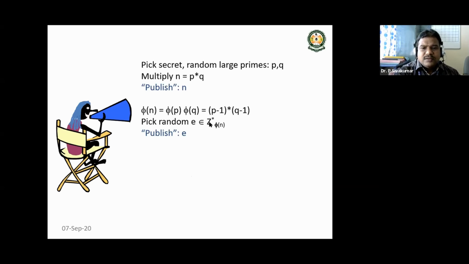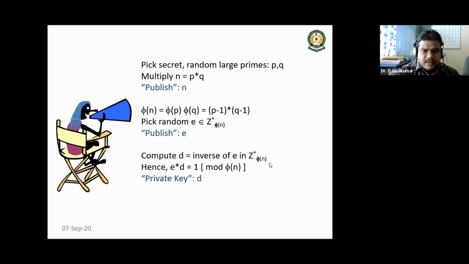So e is such that it is coprime to phi(n), and you publish your e. After that, compute your private key. It is the inverse of e. That's why I previously said the inverse of e in Z-star, the multiplication group modulo phi(n). So e times d is equal to 1 mod phi(n).